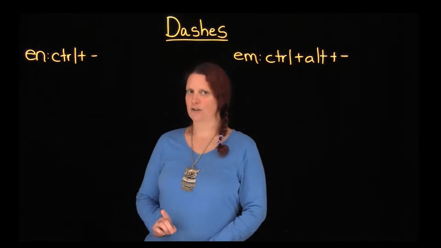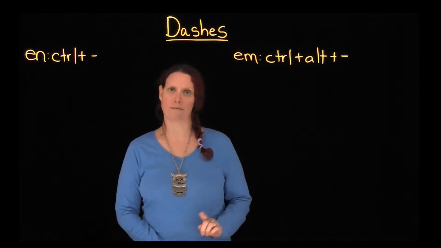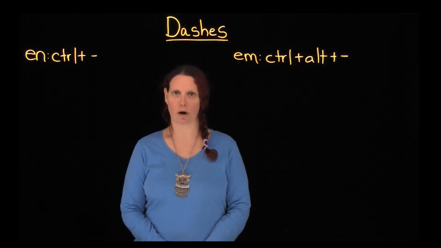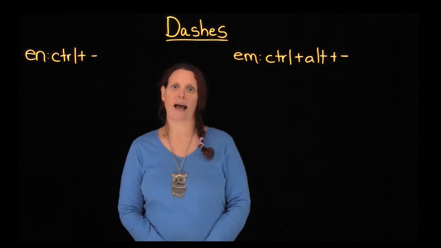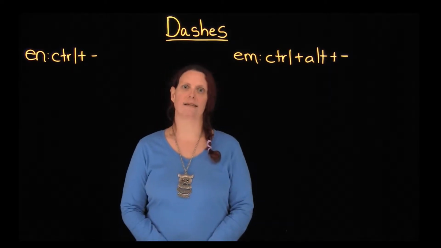The N dash is a little bit longer than the hyphen, but shorter than the M dash. You can achieve it on your computer by using Control and then the hyphen on your number pad, or you could insert it as a symbol.